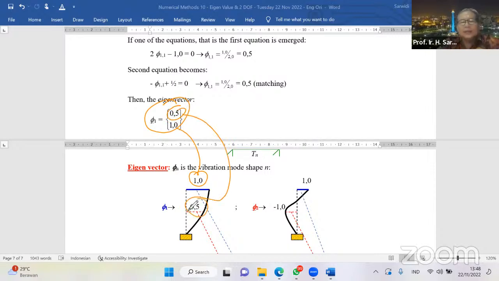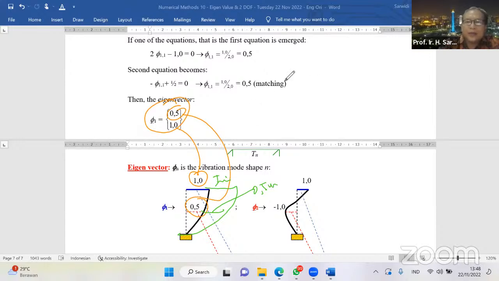So if the roof moves, for example, 1 meter to the right, then this one moves 0.5 meter, because this is just a relative comparison.